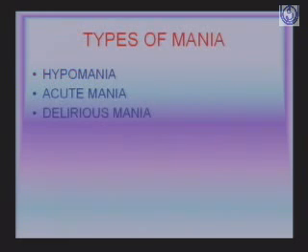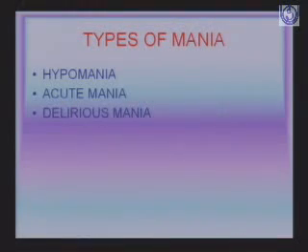See, when you talk about affective disorders, it can be that the person might be having mania, or the person might be having depression, or it can be that the person has got mania and then sometimes in between the person has got a depressive episode.